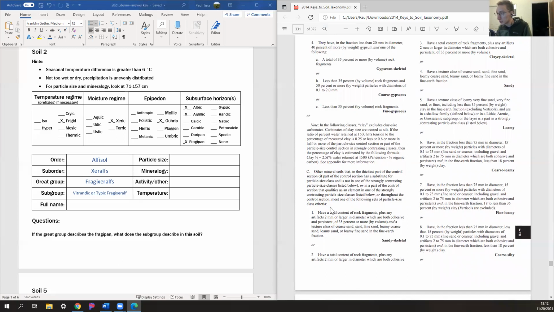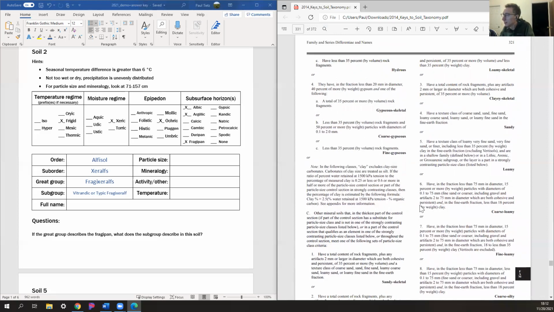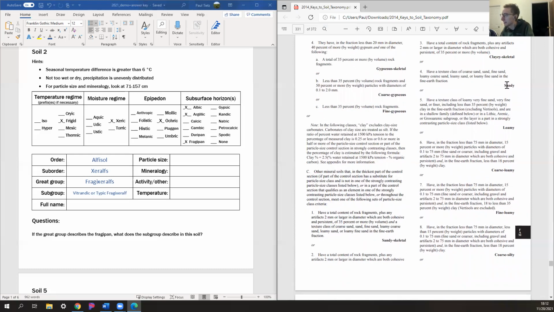They start off very coarse, okay? We have artifacts 2 millimeters or larger, 35% or more rock fragments, sandy skeletal. Okay, so skeletal means lots of rocks and sandy means pretty coarse. So we know we're a silt loam. We're going to carefully skip past some of these. So we're not sandy. It's going to be more silty or fine or something like that.